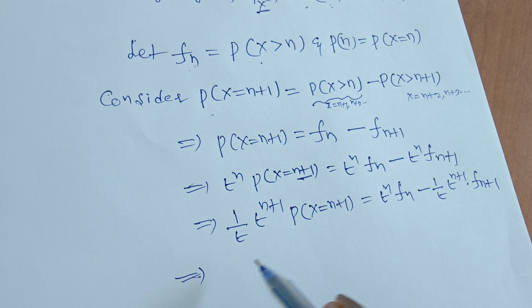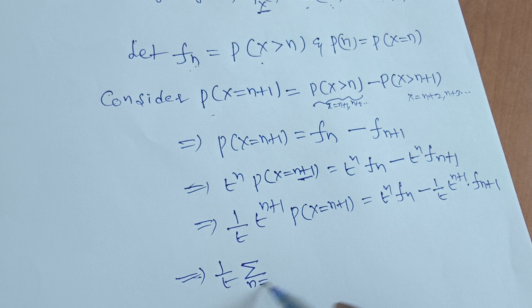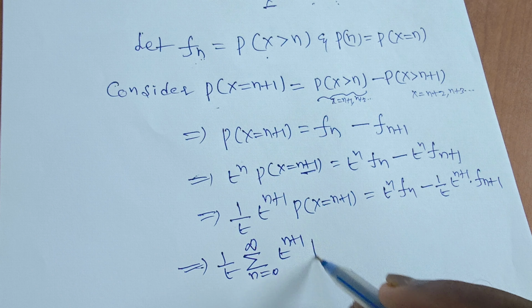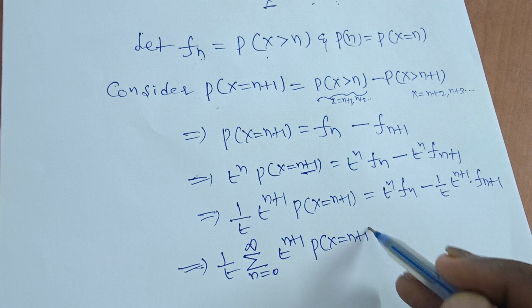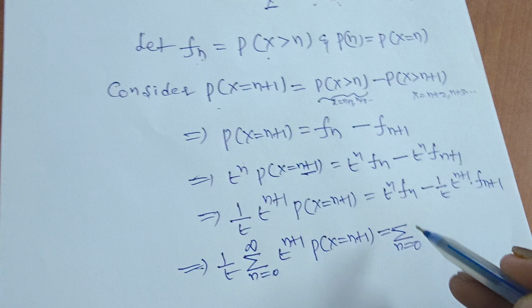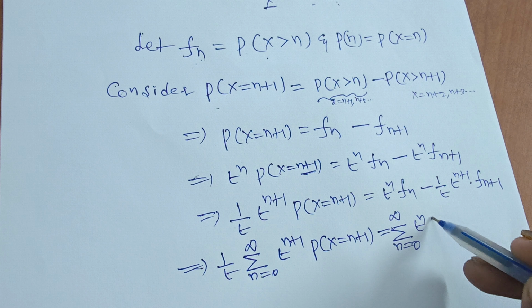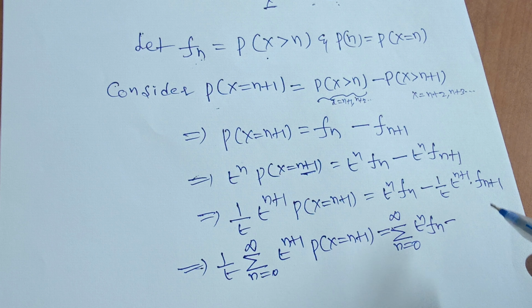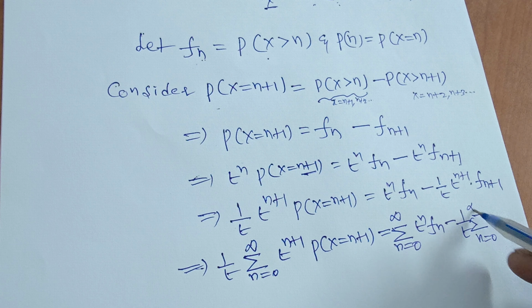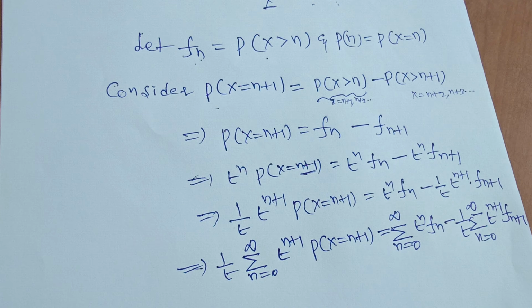Taking summation n equals to 0 to infinity on both sides, 1 by t summation n equals to 0 to infinity t power n plus 1 into p of x is equal to n plus 1 is equal to summation n equals to 0 to infinity t power n fn minus 1 by t summation n equals to 0 to infinity t power n plus 1 into f suffix n plus 1.